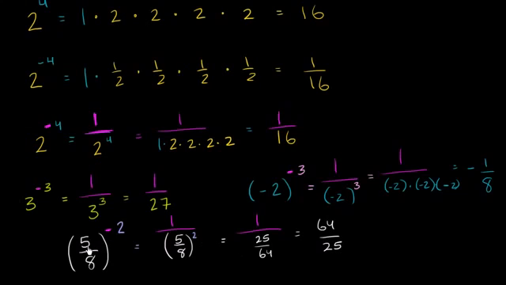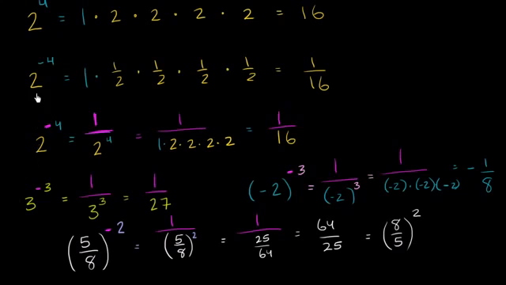So another way to think about it is, you're going to take the reciprocal of the base and raise it to the positive exponent. So another way you could have thought about this is, 5/8 to the negative 2 power, let me just take the reciprocal of this, 8/5, and raise it to the positive 2 power. So all of these statements are equivalent.